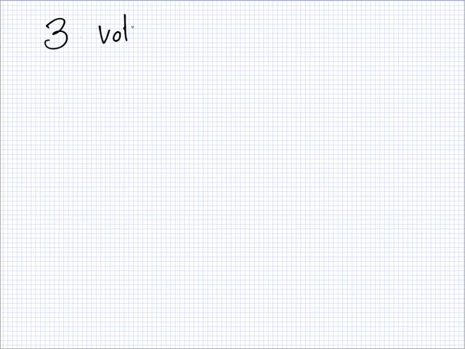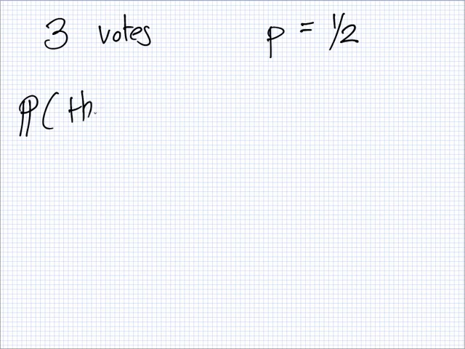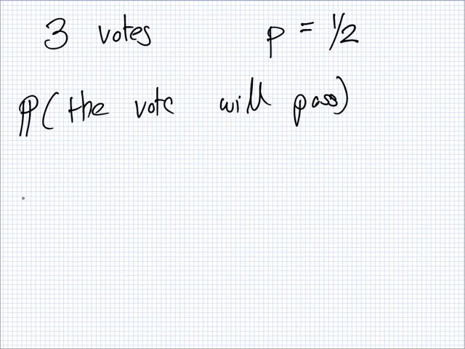Alright. So let's say we'll go back to 3 people vote. So there's 3 votes. And the probability of a yes is, let's say, a half. So I want the probability that the vote will pass. Okay, I'll give you a minute to try and calculate this, and think about it.